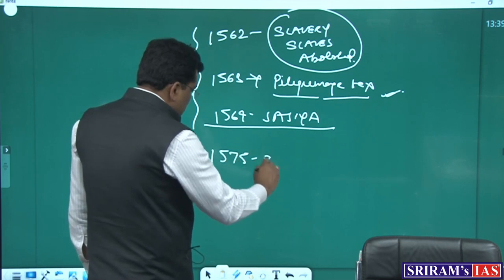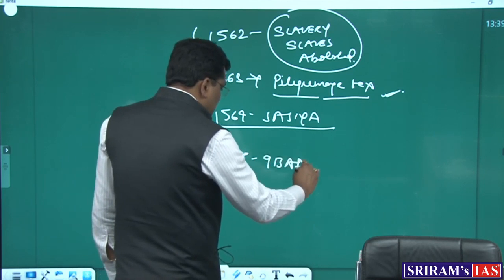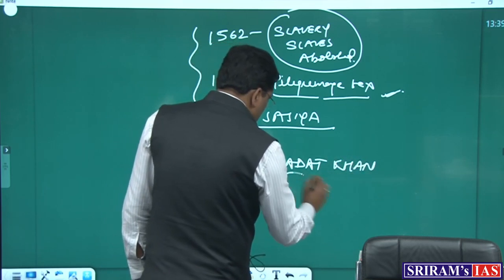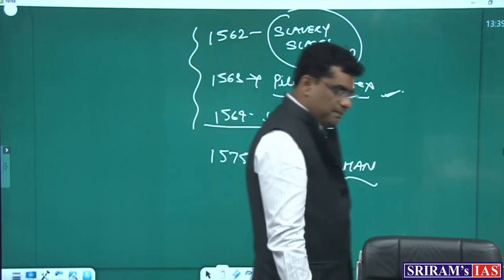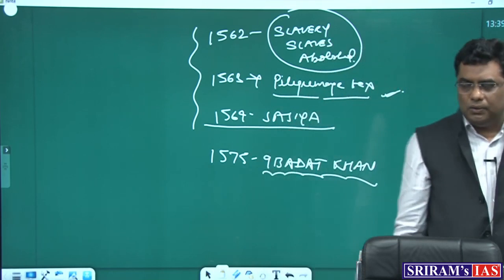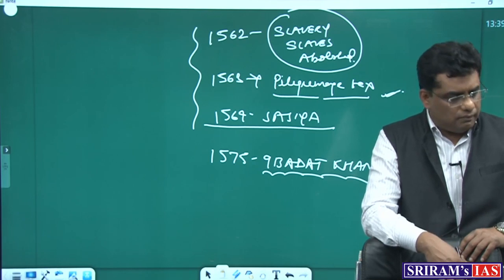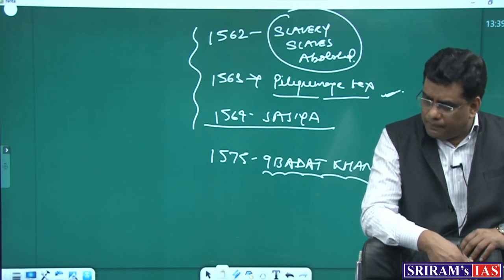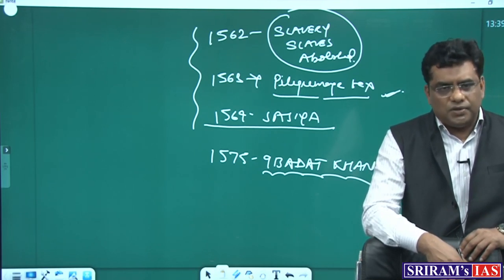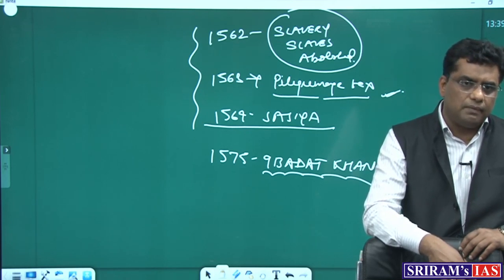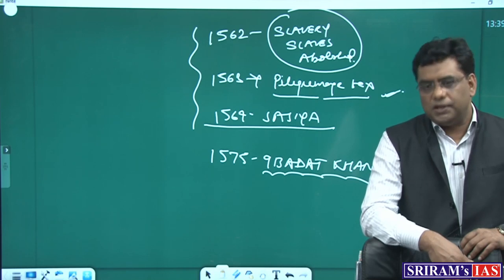1575, Ibadat Khana. Debate about what is Ibadat Khana, where Ibadat Khana was, and what is the purpose of Ibadat Khana. Akbar was very much convinced that the various sections of Indian society have to be integrated.